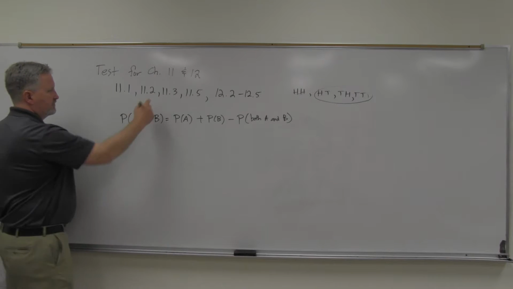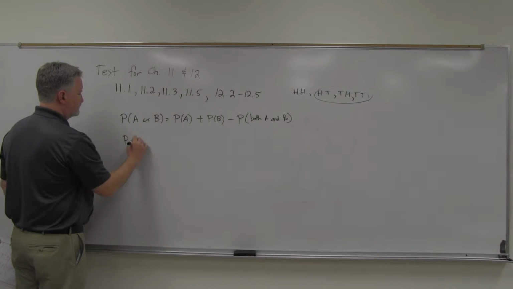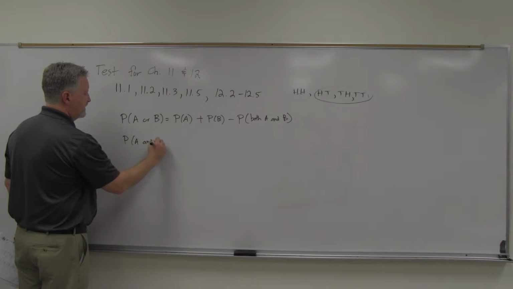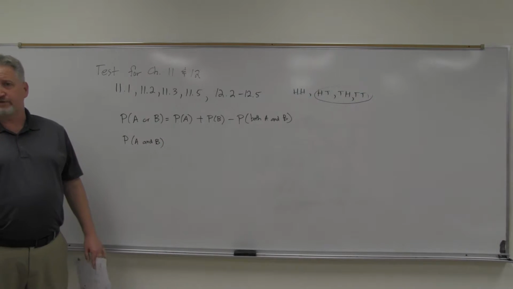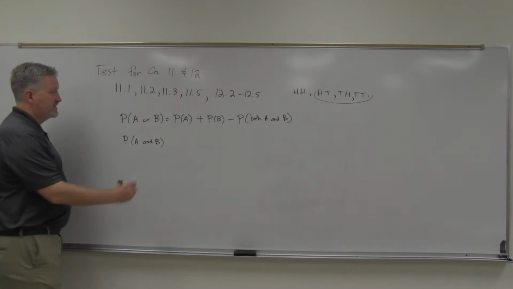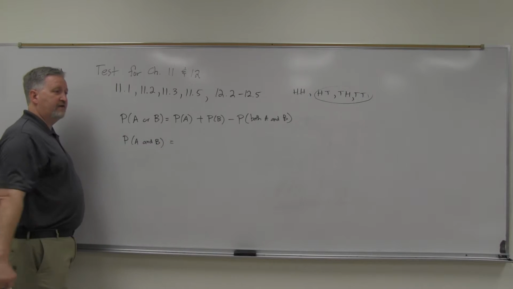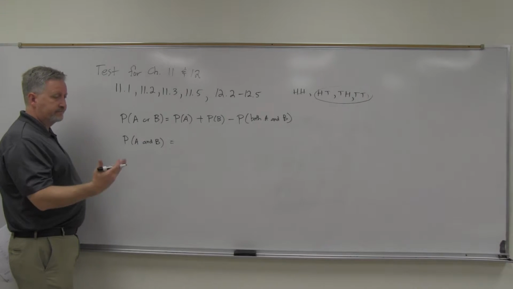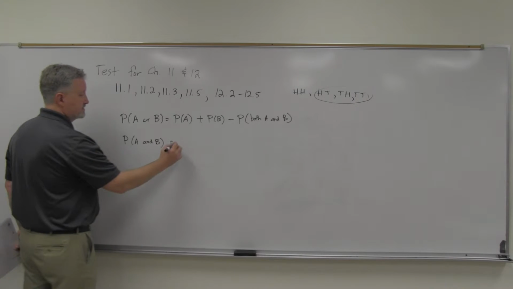Then 11.3 was the and. So probability of A and B. Like when we were drawing the two cards, we used this one. Several other examples, but if we have to use a formula there, and means multiply.